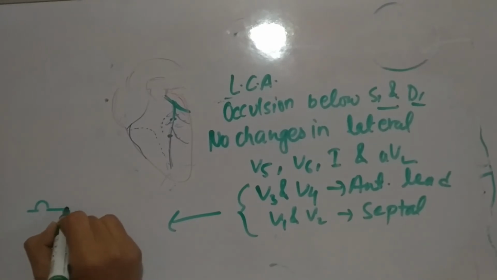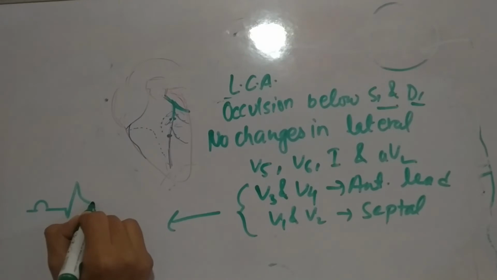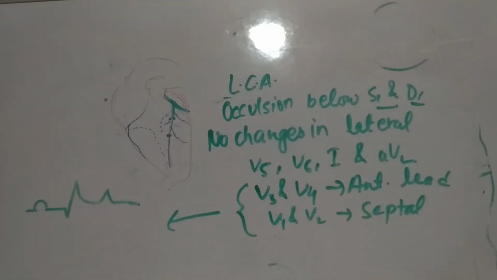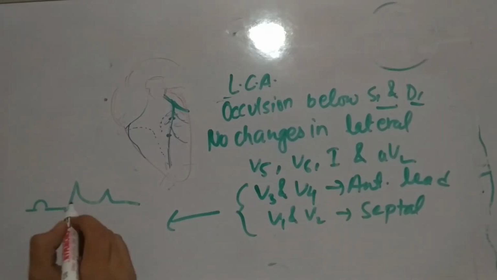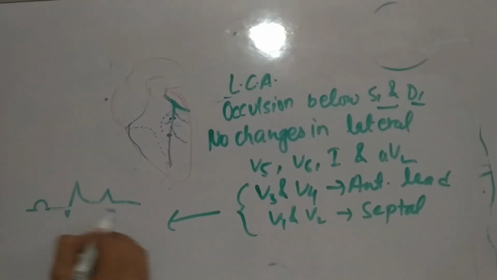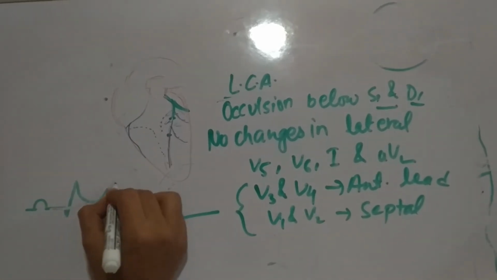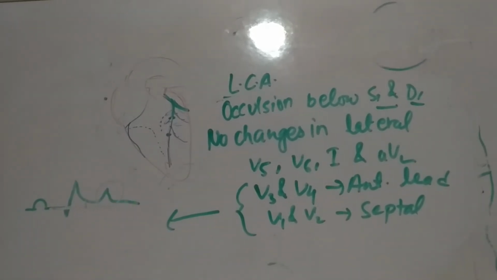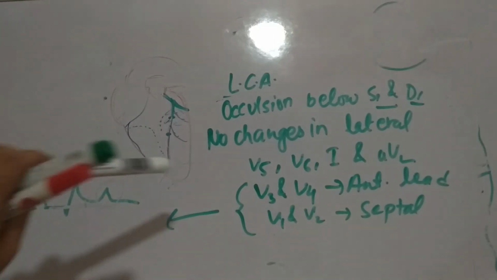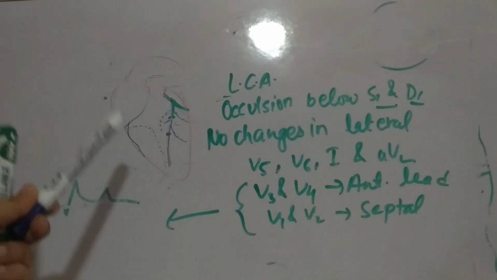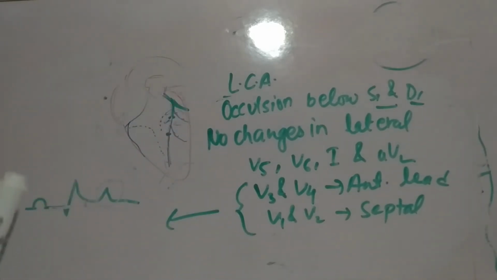so you see here, this is your isoelectric line, and this is the ST elevation, and this is the T wave. However, we discussed in the previous video that if the occlusion is above S1 and D1, there will be a reciprocal relation in the inferior leads.